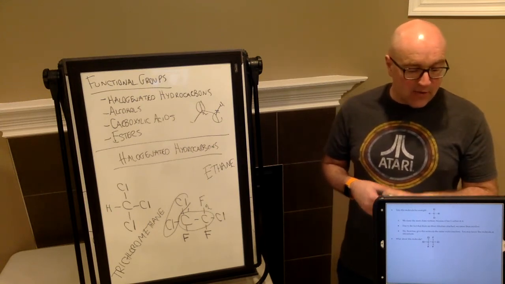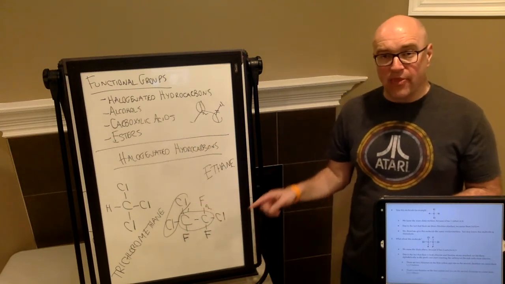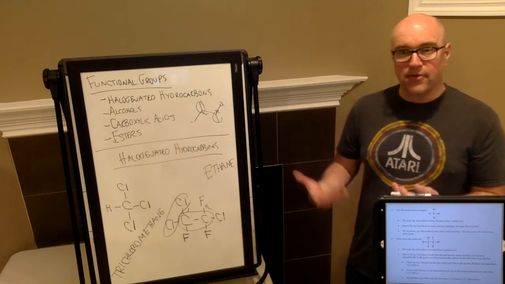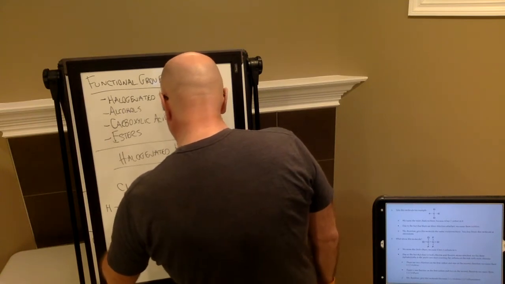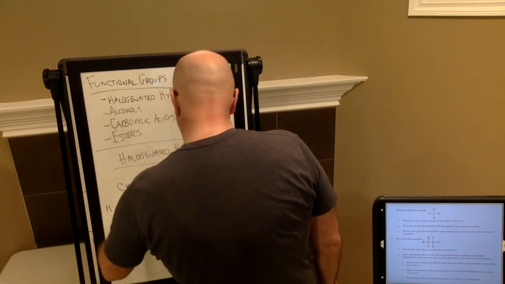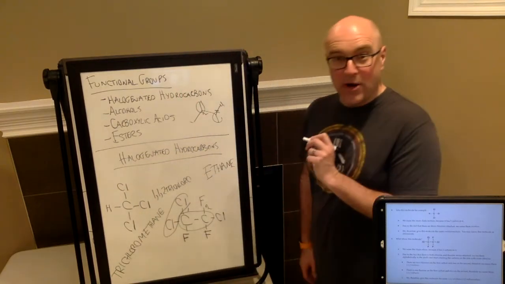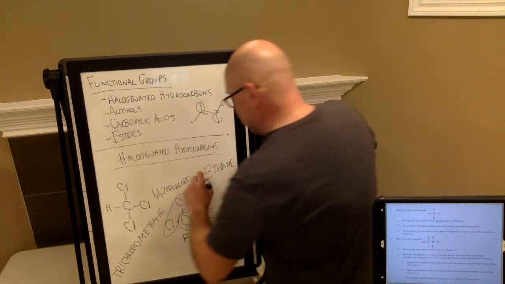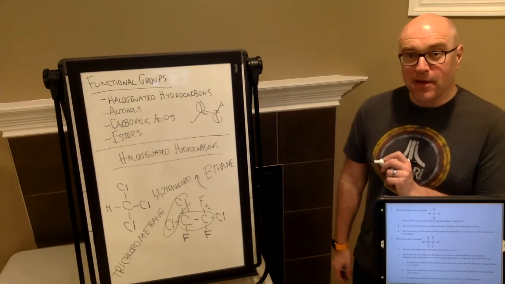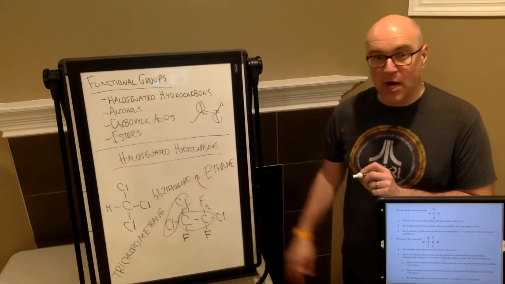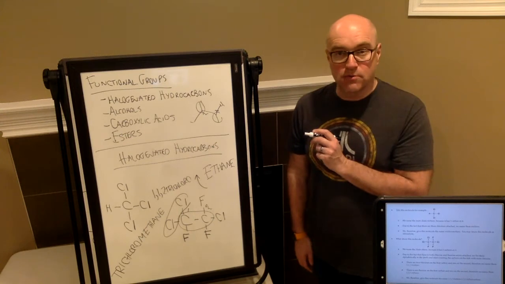So in this case, I have to indicate that I've got 2 chlorines on the first carbon, 1 chlorine on the second carbon. So that's going to be indicated by a 1,1,2 trichloro. I'm not going to have enough room to write all this on the board. So I've got 1,1,2 trichloro because I've got 2 of them on the 1 carbon and 1 of them on the 2 carbon.